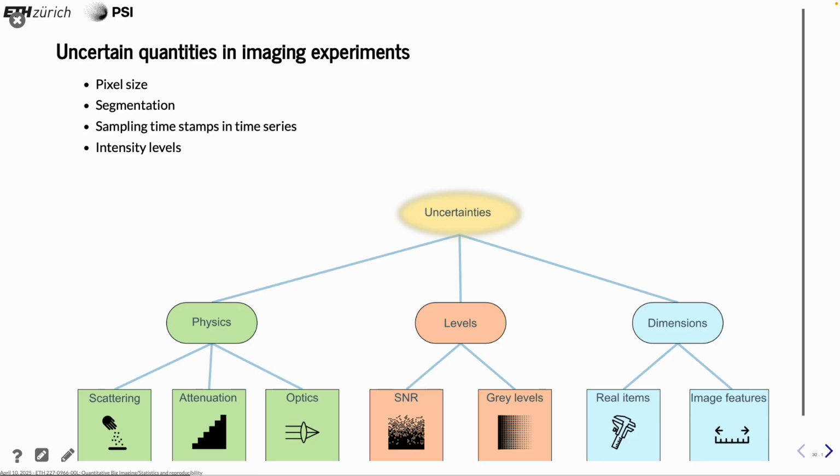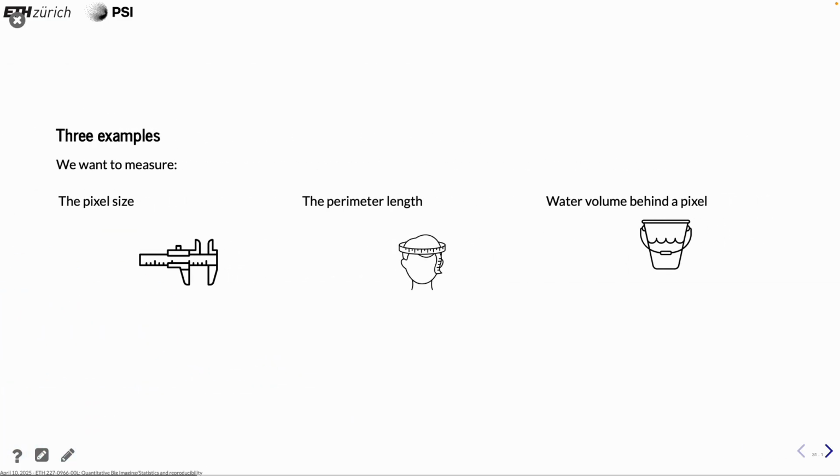So that's the first example I'm going to show, how to quantify the uncertainty of the pixel size. You can't trust that it is perfectly exact. I have three examples here: measuring the pixel size, the perimeter length of an object, and the water volume behind the pixel, which actually also introduces the gray level.